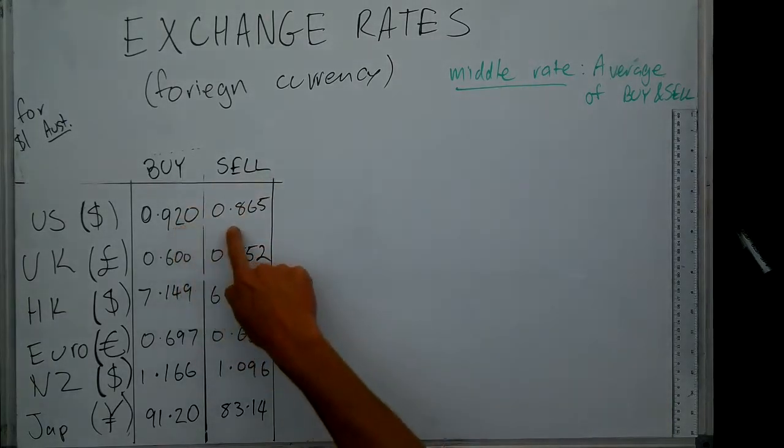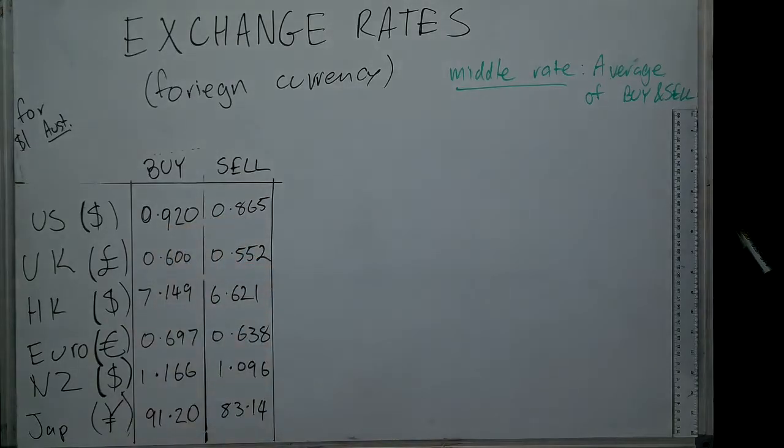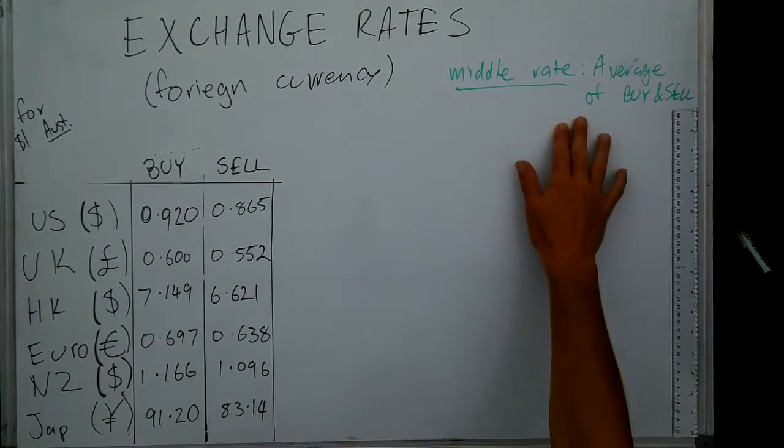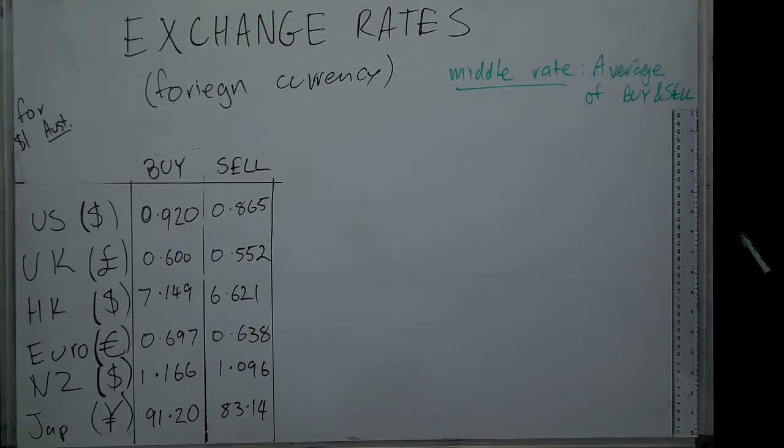They're going to calculate it at one of these rates, and it's a way to give you an idea of where the exchange rate is sitting, but not necessarily the exact rate. And I think they do it to give themselves a little bit more profit when they do the exchange.